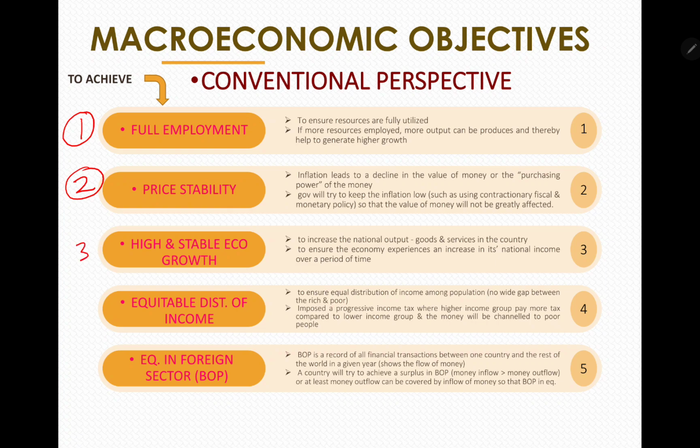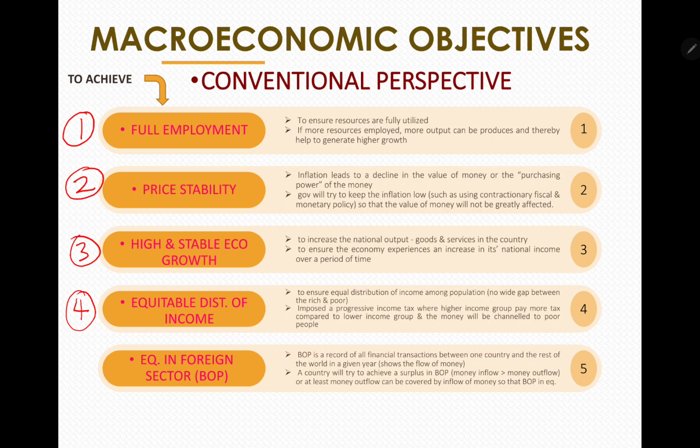Number 3 is to achieve high and stable economic growth, that is, to ensure that the economy keeps growing at a fast rate every year. Number 4, to achieve an equitable distribution of income, or to ensure that there is no wide gap between the rich and the poor. How can they narrow down this gap?